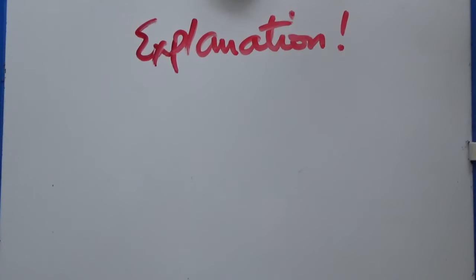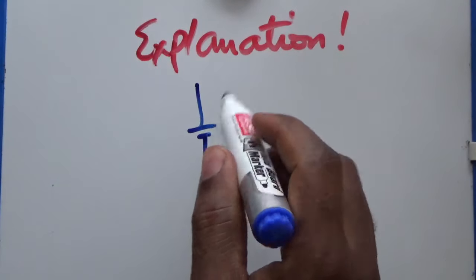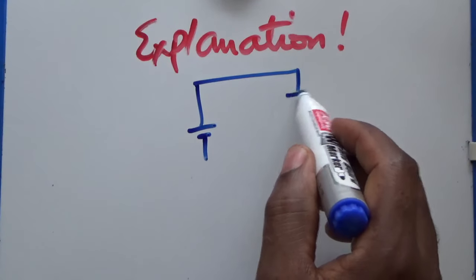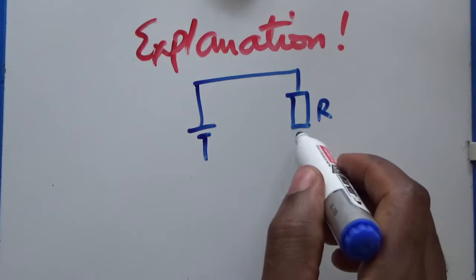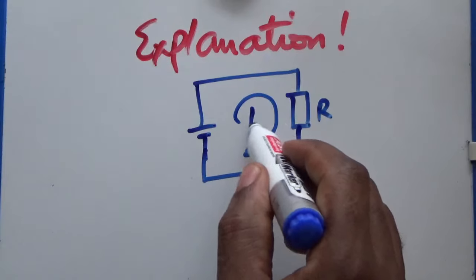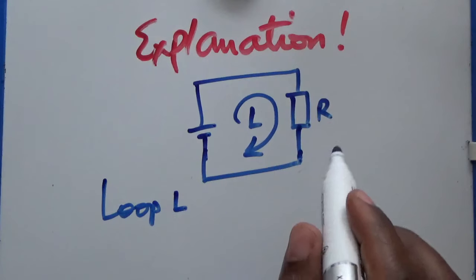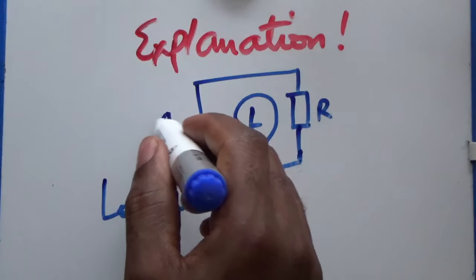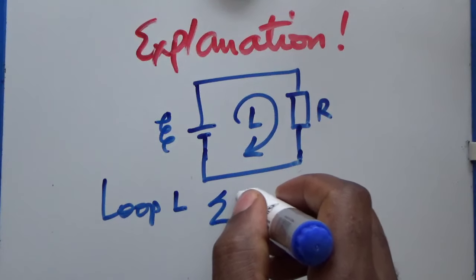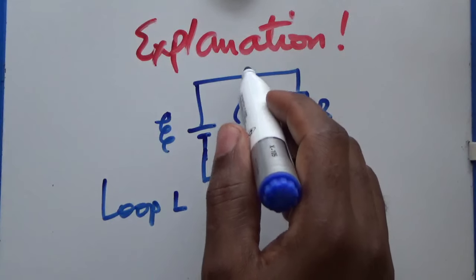The explanation is that if we have a closed loop, for example, a battery with its positive and negative terminals, and then a resistor R somewhere in a closed loop, we take this as a loop L. Then we say that the algebraic sum of the EMFs is equal to the algebraic sum of the potential drops.